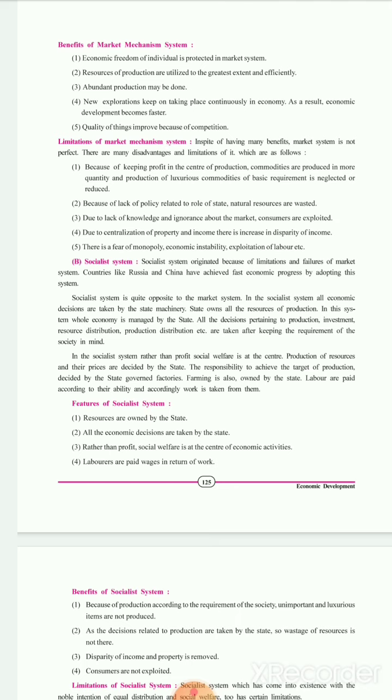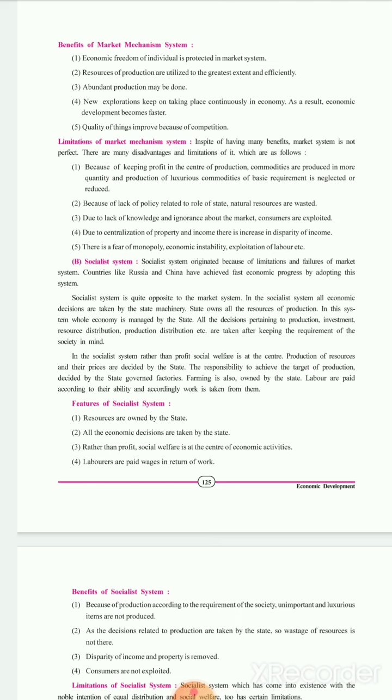So more production takes place in luxurious items and basic requirements are neglected. Number two, because of the lack of policy related of state, natural resources are wasted. There is no government interference, and that's why natural resources are wasted.